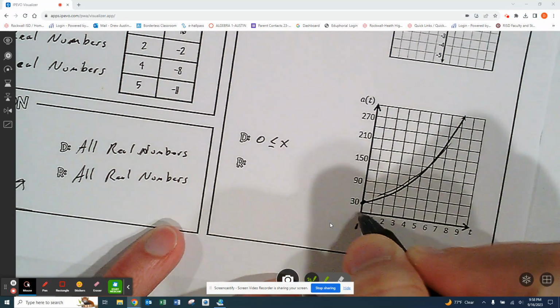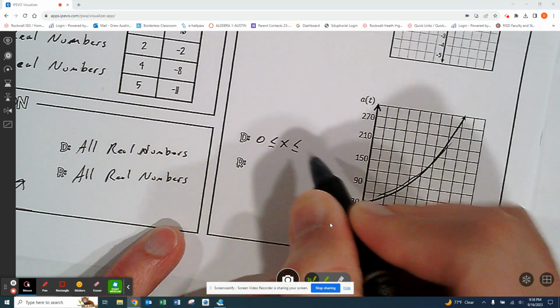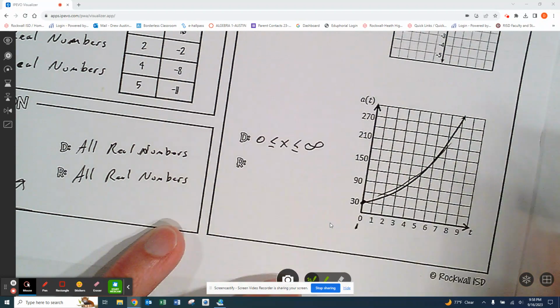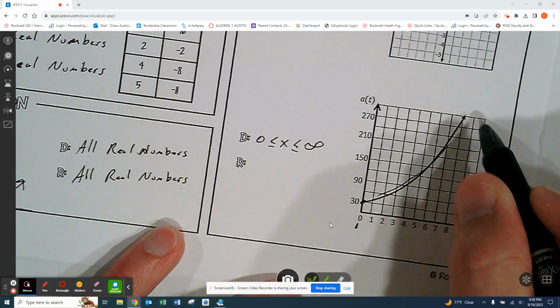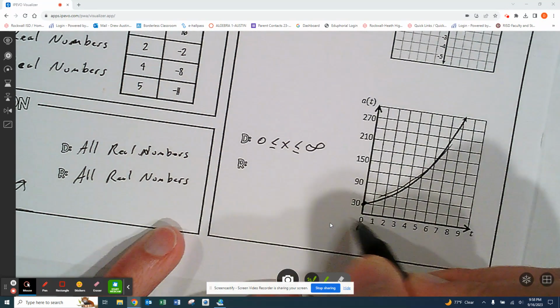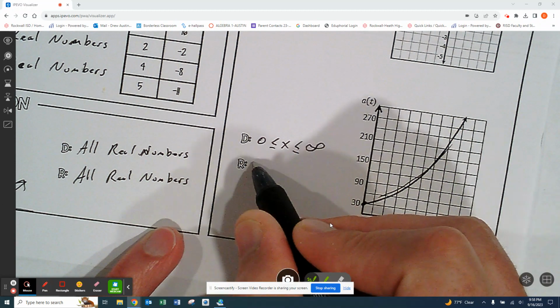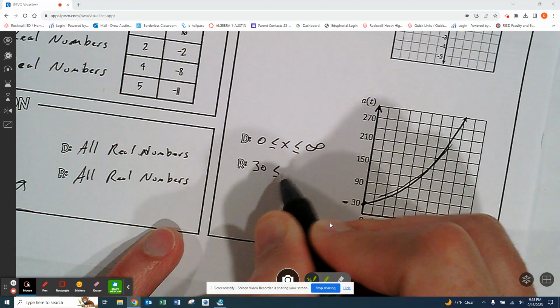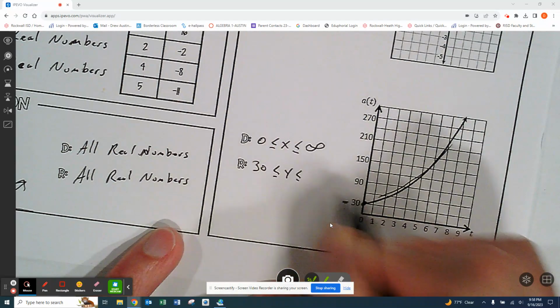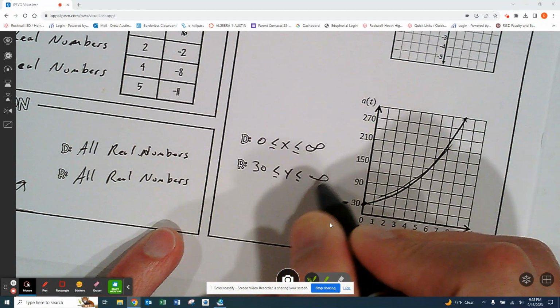I include 0, less than equal to x, less than equal to, which I'm just going to put the infinity symbol. Goes on forever. My range does not start at 0, it starts at 30, right here, is less than equal to y, is less than equal to, again, it's going to infinity.